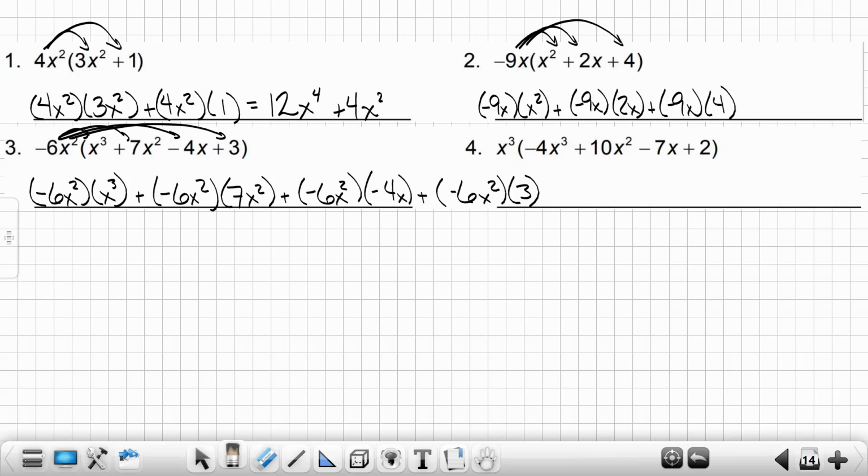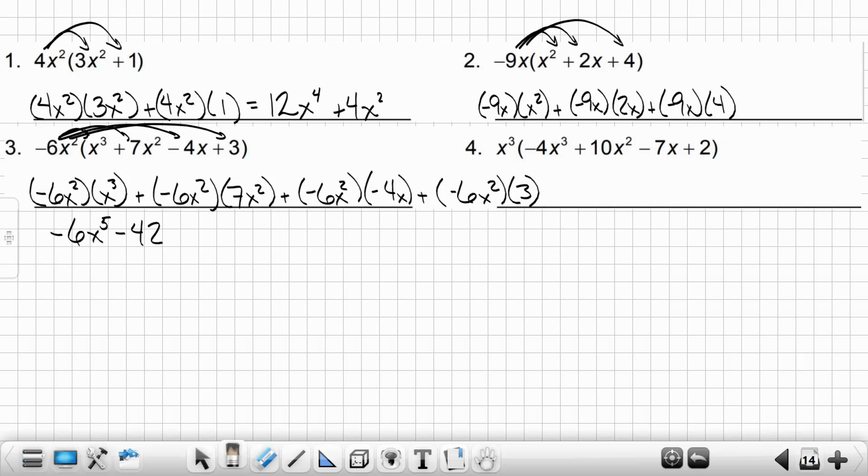All right, Zelene. Don't forget there's a coefficient of 1 if you don't see a coefficient, so what's negative 6 times 1? Negative 6, x squared times x cubed. X to the 5th. Negative 6 times positive 7. Yeah.